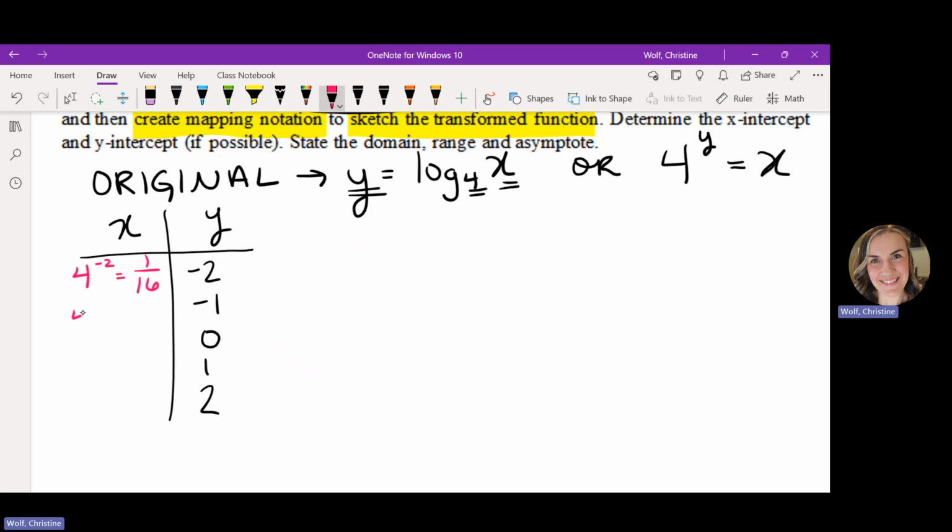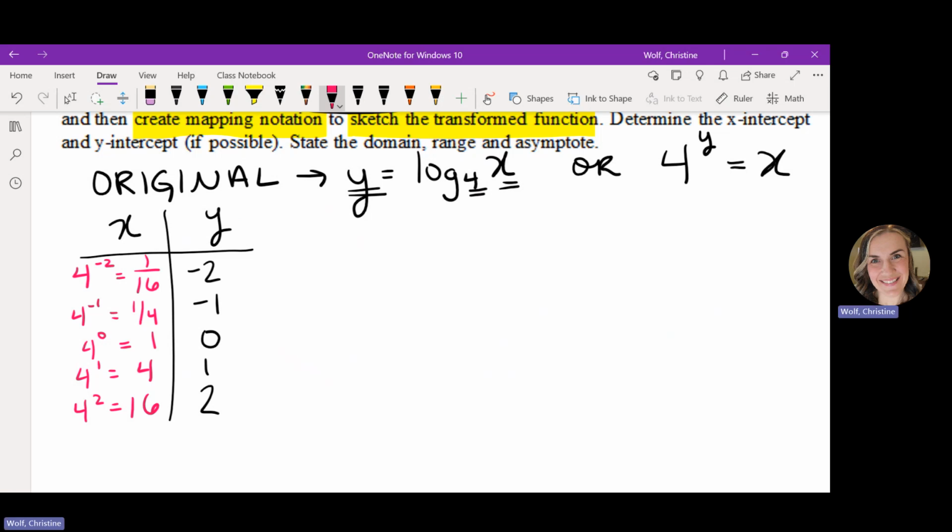Again, 4 to the power of negative 1 will equal my x, so that is equal to 1 over 4. If I go 4 to the power of 0, that will equal my x, which is 1. 4 to the power of 1 is just 4. And then 4 squared is 16.